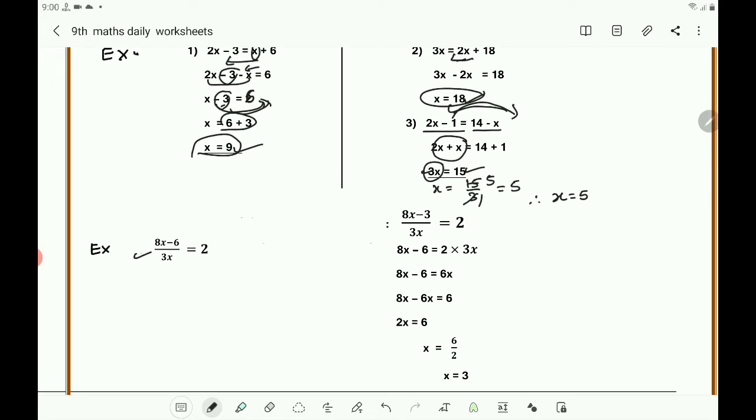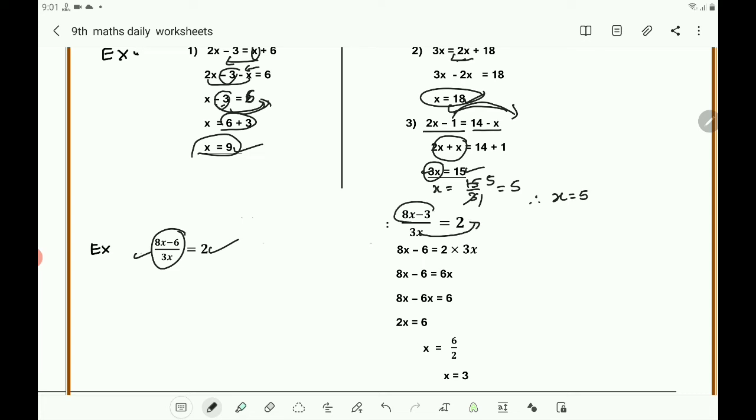8x minus 6 by 3x equals 2. Here you take 8x minus 6 in the numerator and 3x in the denominator, that equals 2. 2 is in the RHS. In that case, what you have to do? Here you transfer this 3x to the RHS.